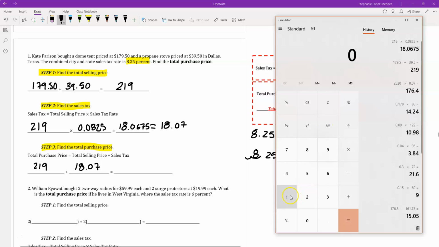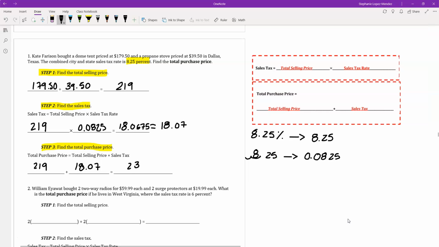Go to my calculator and I write 219 plus 18.07. That gives me a total of 237.07. Again, we just found step 1, the total selling price, step 2, the sales tax, and we added so we could find the total purchase price.